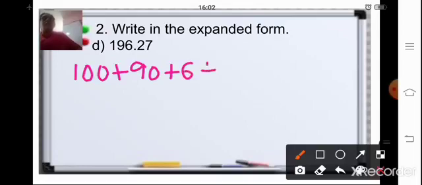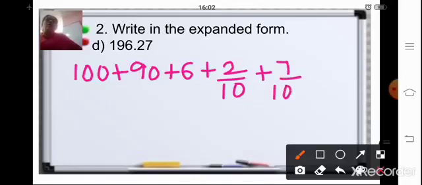Now 2 is in 10th place, so 2 upon 10, that is after the decimal point. 7 is in 100th place, so 7 upon 100. Now using the decimal point, we'll write it as, this will remain as it is.